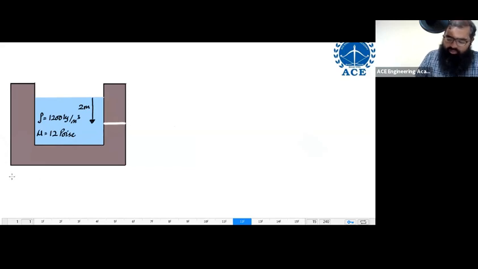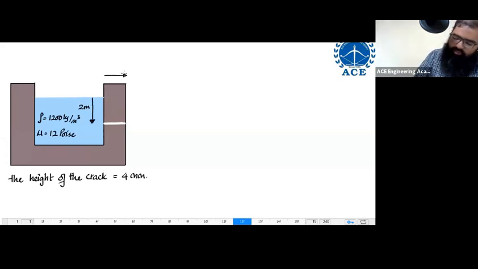The height of the crack is equal to some 4 mm. Fine. The wall is having a width of 10 centimeters.